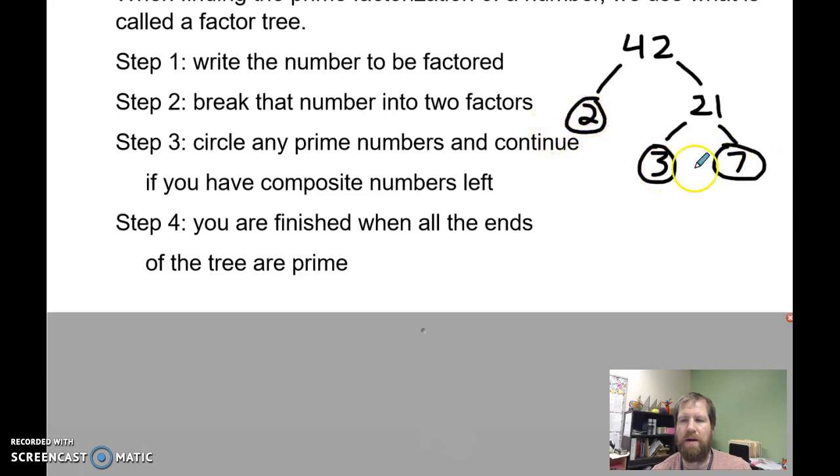And all my bottom numbers, all the extensions of my main number, are prime. They're circled, so I know that this is my prime factorization for 42. It's 2, 3, and 7. Okay, and if I multiplied all of those together on a calculator, I'd get 42.